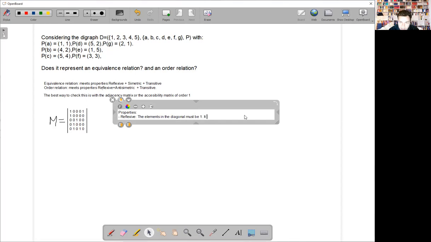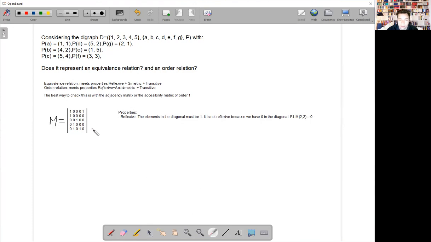So in this case, it is not reflexive because we have zeros in the diagonal. For instance, in the position 2, 2. Okay, in these positions we have zeros in the diagonal, so it is not reflexive.